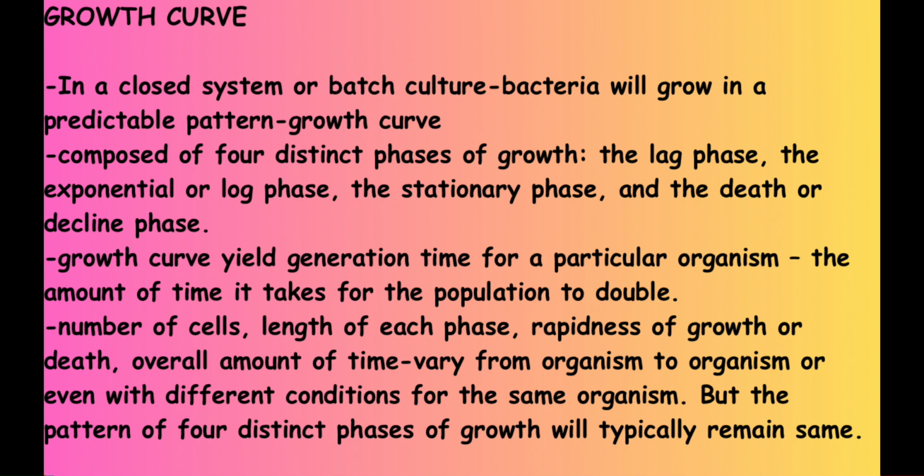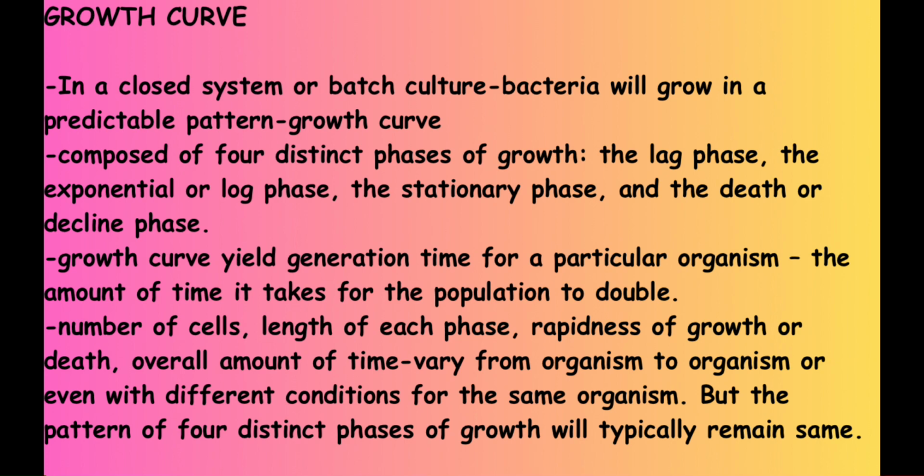This growth curve will yield the generation time for a particular organism. So what is generation time? Generation time is the amount of time it takes for the population to double. That means one cell becomes two cells, then four cells, 8 cells and so on. So it is the amount of time it takes for that population to double.